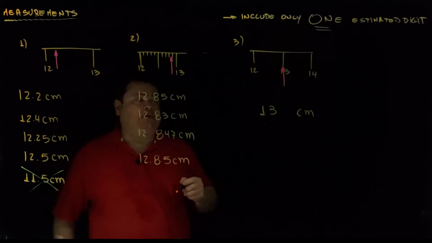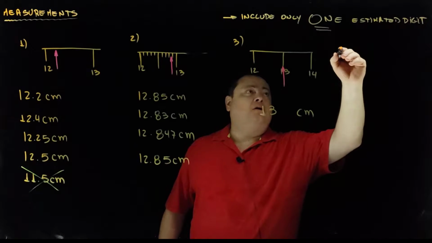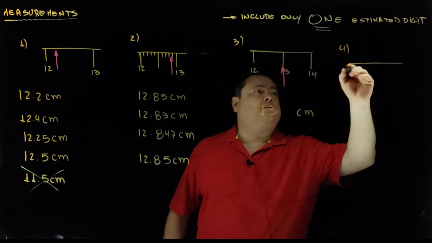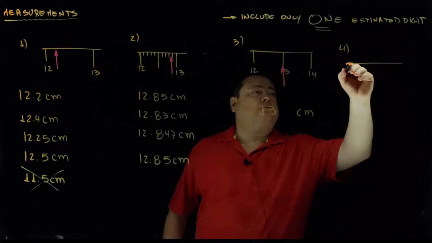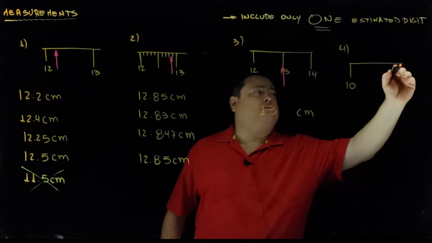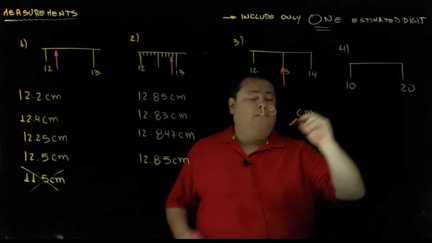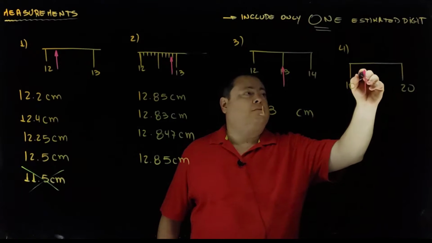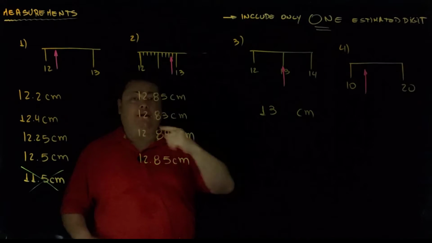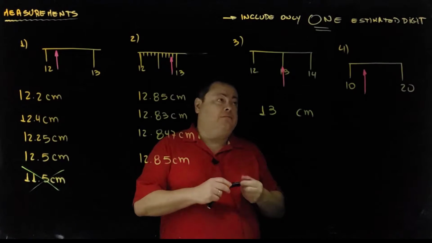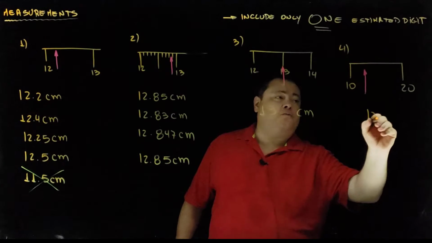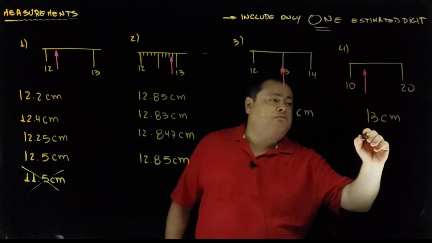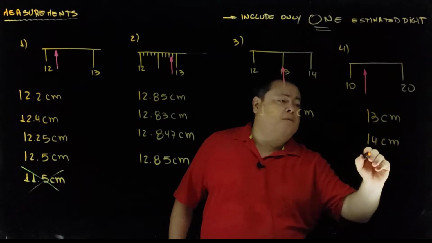So a meter stick that will produce a reading of 13 would be, for example, something like this here. 10 and 20, and then my object is here. So this is a reading that would be 13. For sure, this here could be 13 centimeters, but could also be 14 or maybe 12.